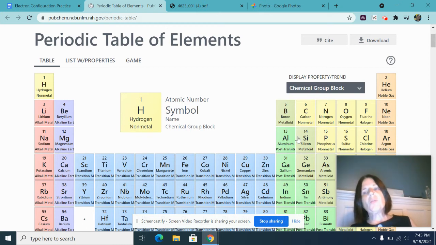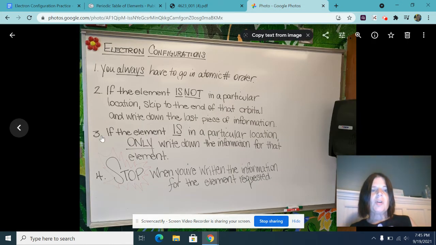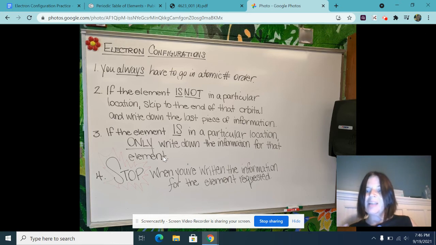So if we go through this, right, and we look at our rules, 3 now says if the element is in a particular location or an orbital or a sublevel, right, only write down the information for that element. So we have to know which element chlorine is within this particular P area.